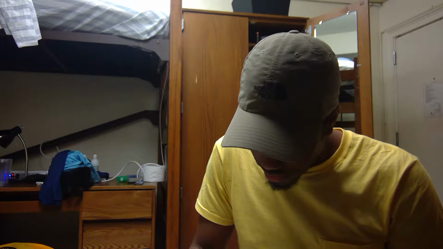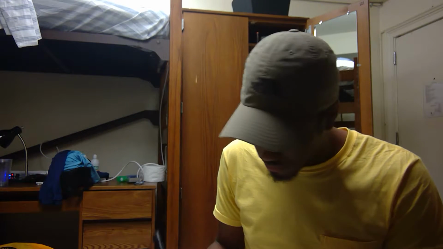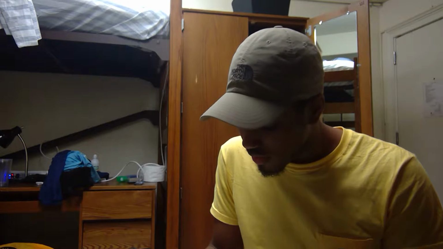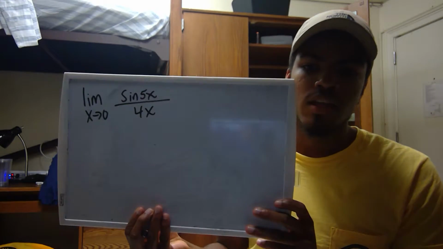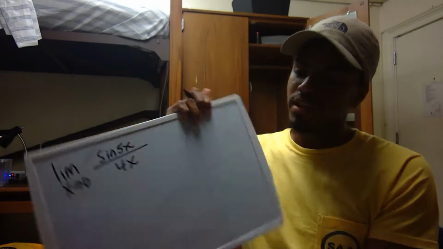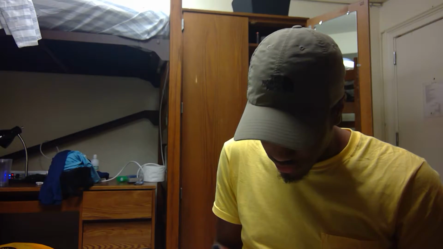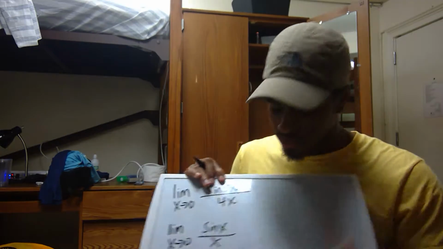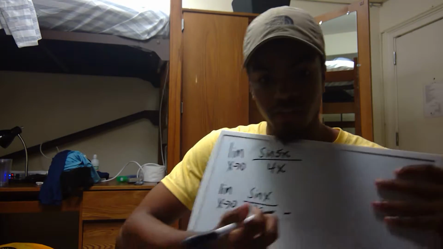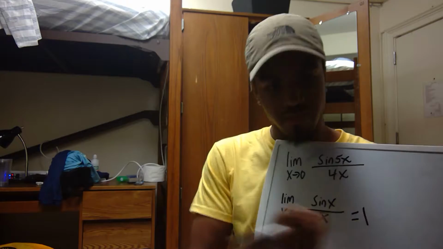Okay, so starting with number 36 from 2.4, the problem asks us to take the limit as x approaches 0 of sine 5x over 4x. So what we're going to do is we know that the limit as x approaches 0 of sine x over x equals 1.